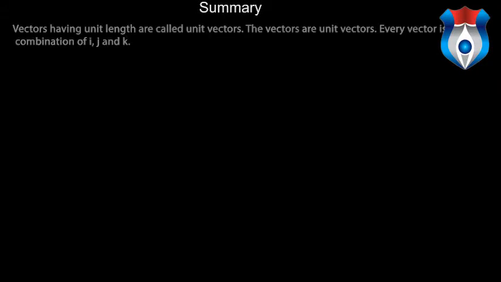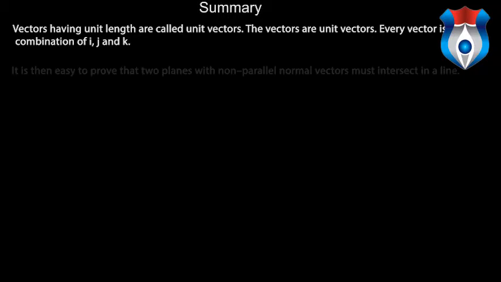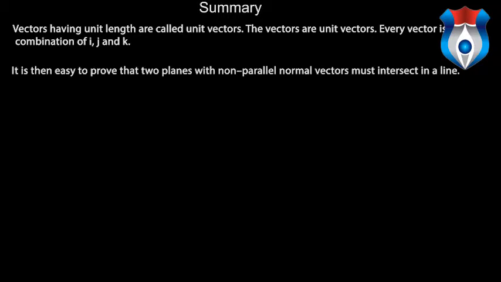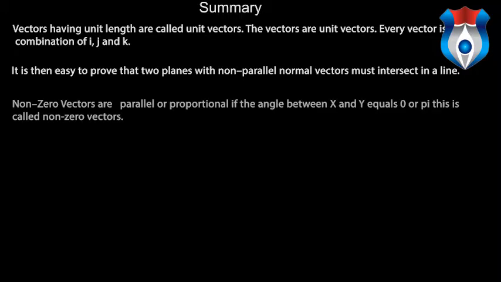Every vector is a linear combination of i, j and k. It is then easy to prove that two planes with non-parallel normal vectors must intersect in a line. Non-zero vectors x and y are parallel or proportional if the angle between x and y equals 0 or pi.